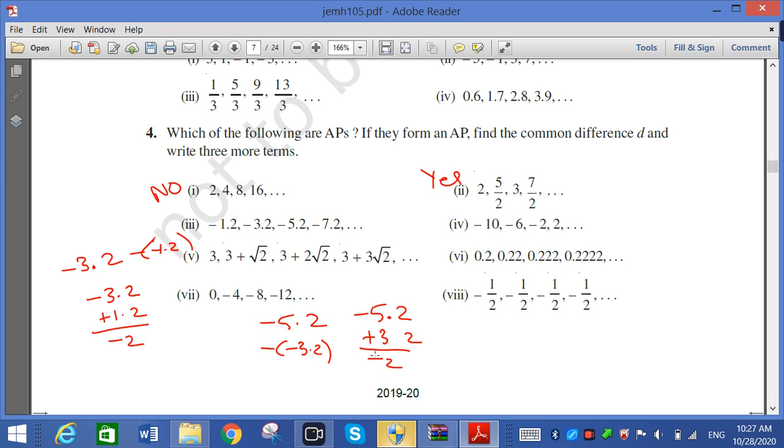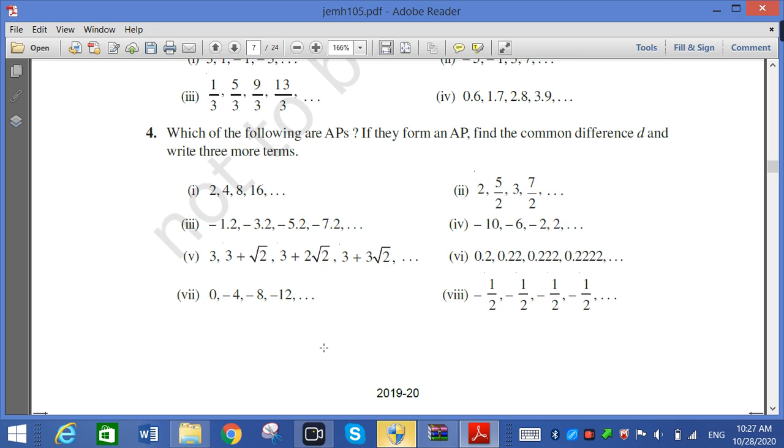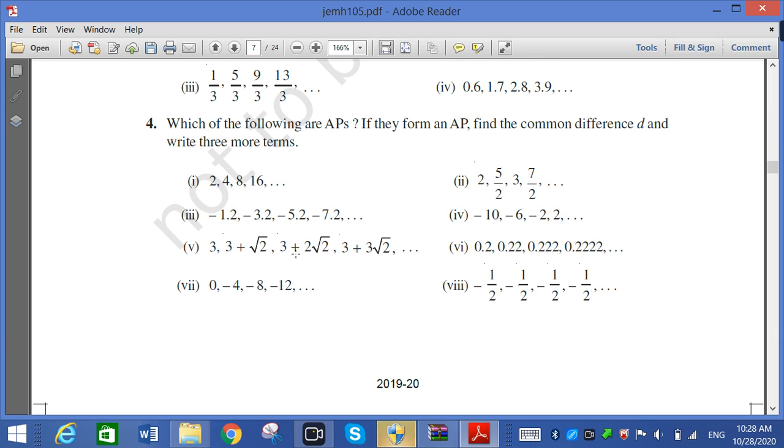So every time minus 2. So d is equal to minus 2. So we can say yes. When it is yes, we have to find out the 3 more terms. Why find 3 more terms? Every time add the difference. Add the difference and we can get the answer. So this calculation is important and it should be worth 1 mark.